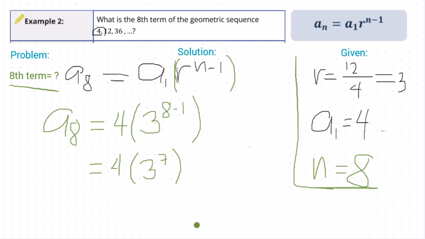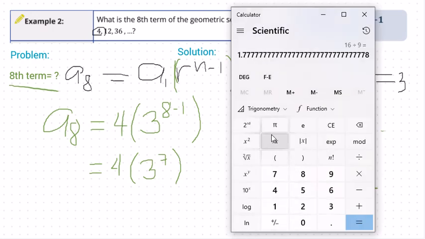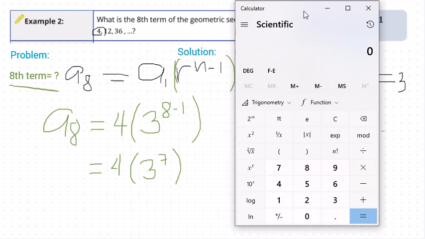What is 3 raised to the power of 7? We need our scientific calculator. This is how you set your calculator to get the answer for an exponent of more than 2.